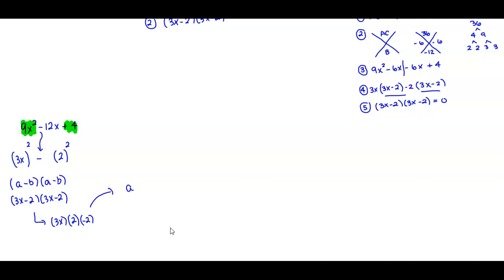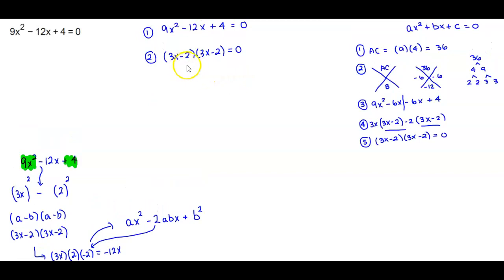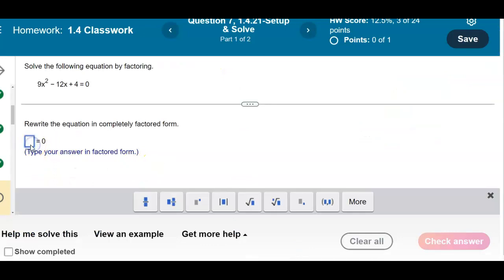It's going to be a squared, and then it's going to be minus 2 times ab, and then plus b squared. So if you notice here, this negative 2 is what we're multiplying to check to see if we get that middle term. So 3x times 2 times negative 2 is going to give us negative 12x, and therefore it verifies the factored form. So we get 3x minus 2 times 3x minus 2, and now we're going to go ahead and put the factored form in here.